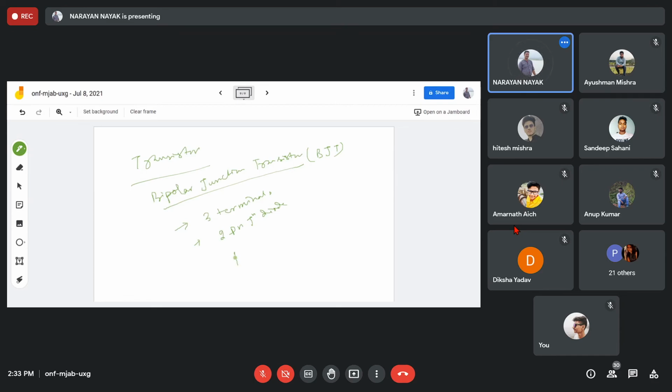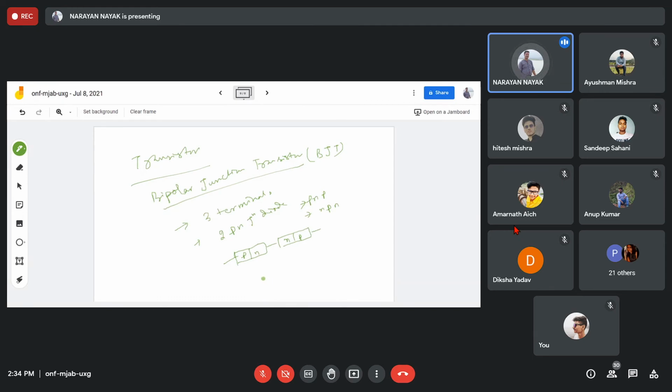Let us say here is one PN, and another PN junction back to back. Back to back means, let us say you have N and P. If you combine them, you get the BJT. So there are two types of BJT circuit: one is PNP and the second one is NPN.